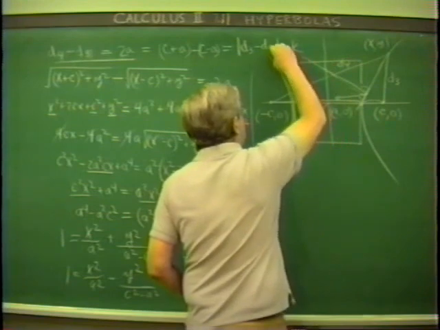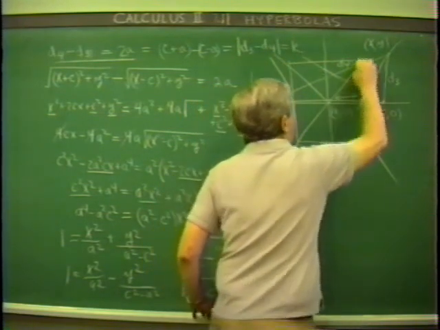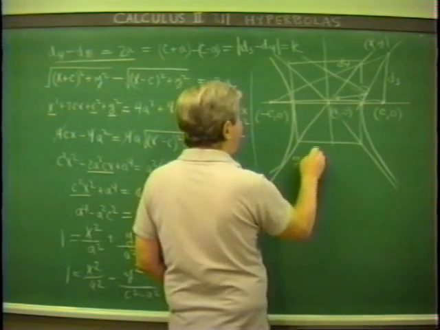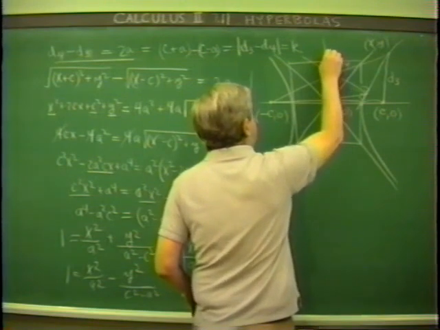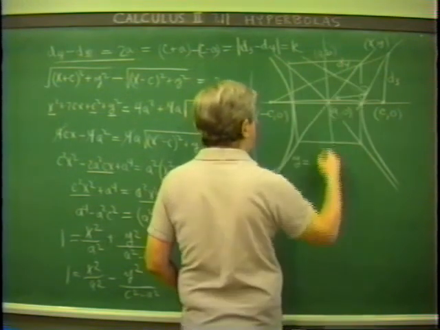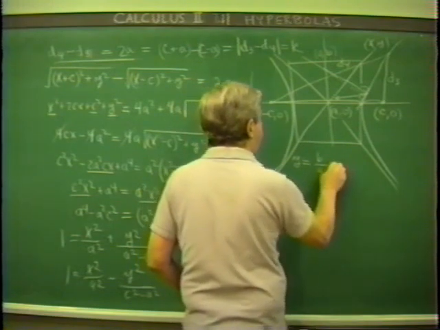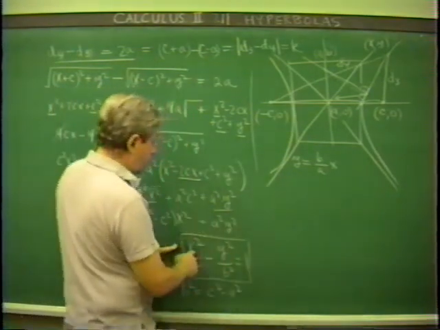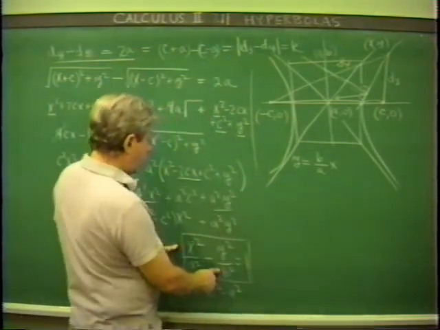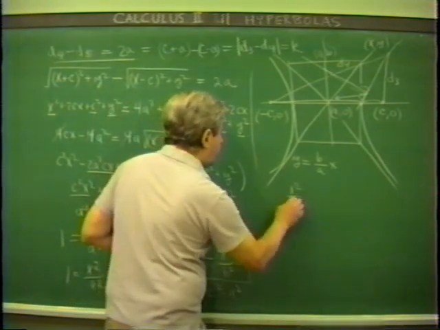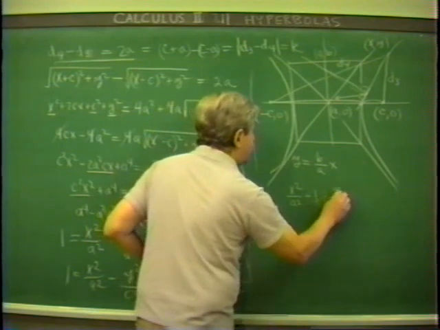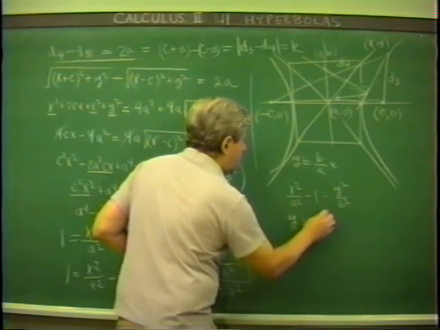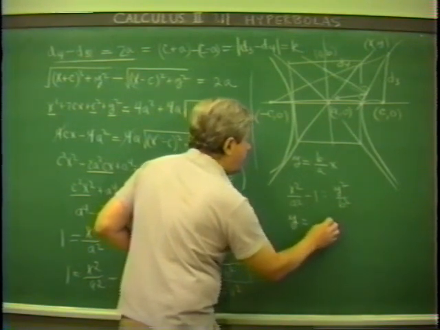That's to say, if this is an asymptote, and this is an asymptote, like so, then this line right here is the line y equals, this is the point 0b, for example, this, it has, for its equation, x squared over a squared minus 1 is equal to y squared over b squared.